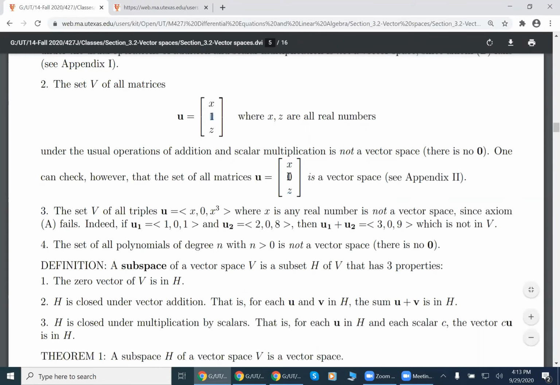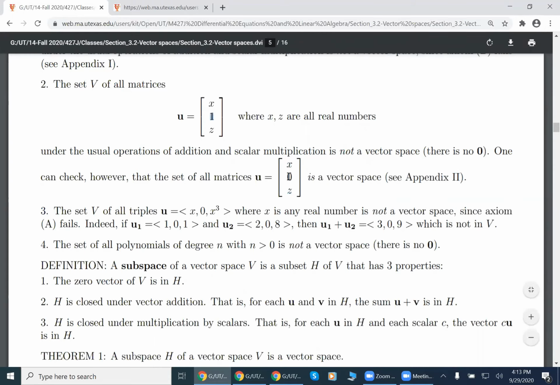If all our objects are of this form, we cannot come up with this because the middle element is non-zero, which means, remember, 0 satisfies the following property. We add 0 to any other vector, nothing changes.